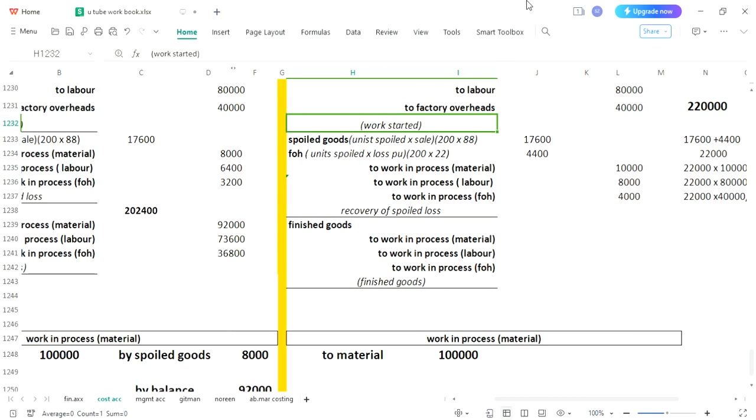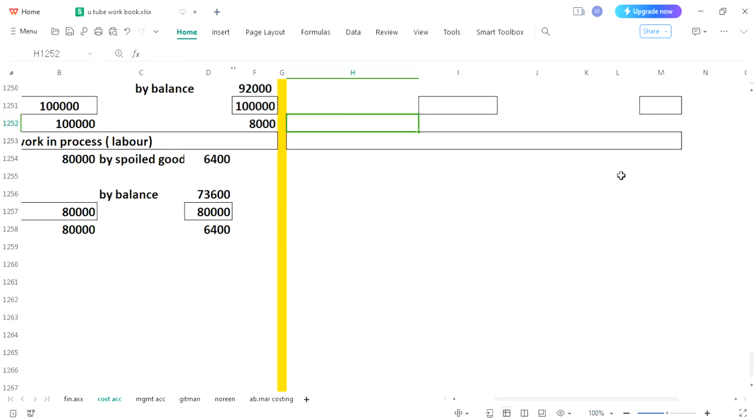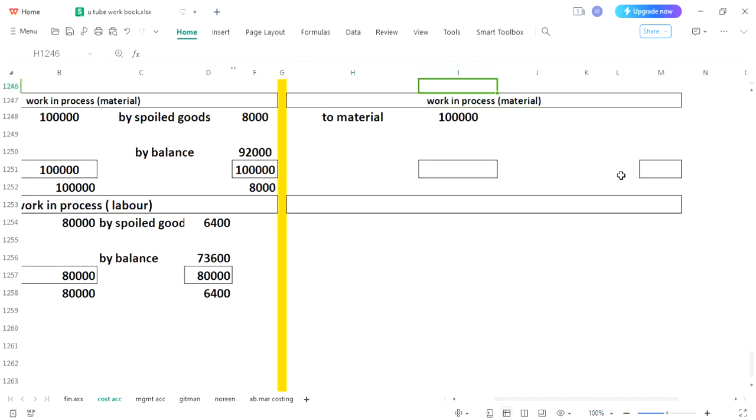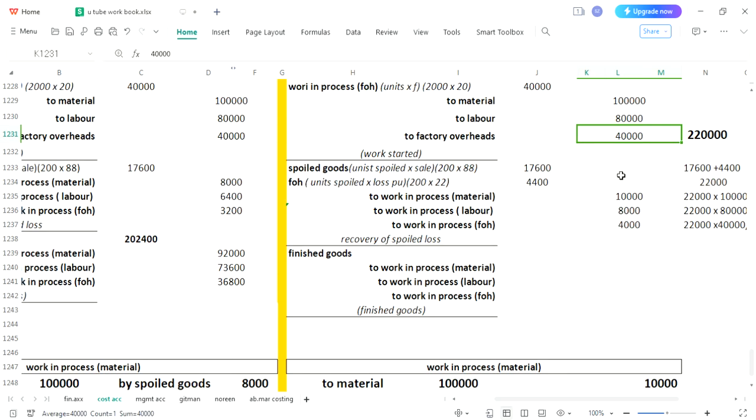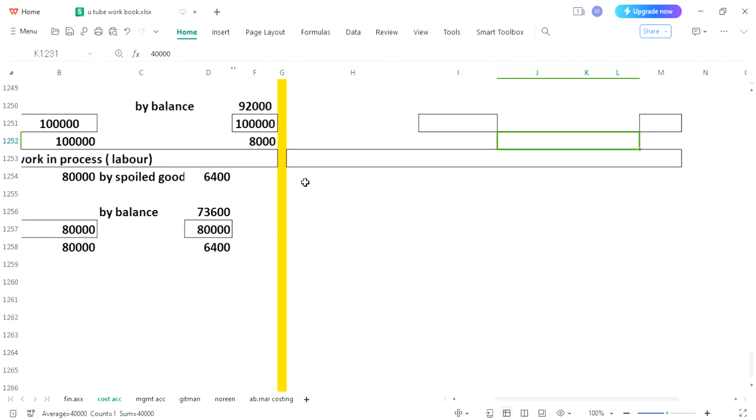In the second entry, you can see work in process material is present on credit side, 10,000. So you will put 10,000 on credit side. Its reference is whatever is written on the opposite side. This was 10,000 we have posted. On the opposite side, spoiled goods and FOH both were present.